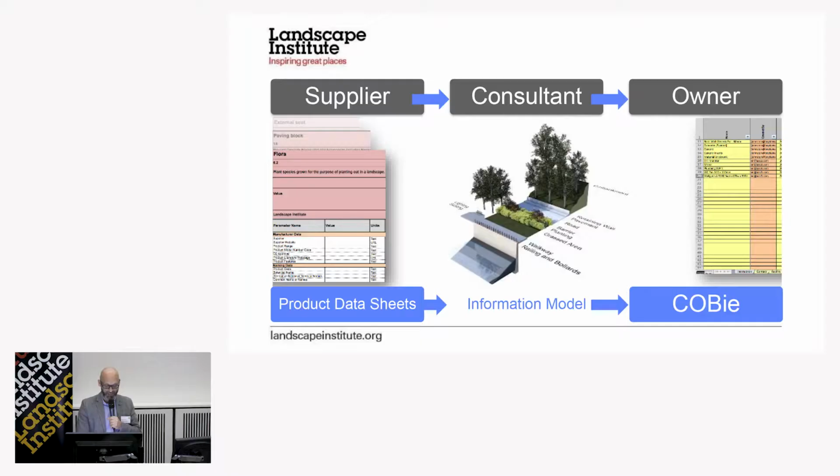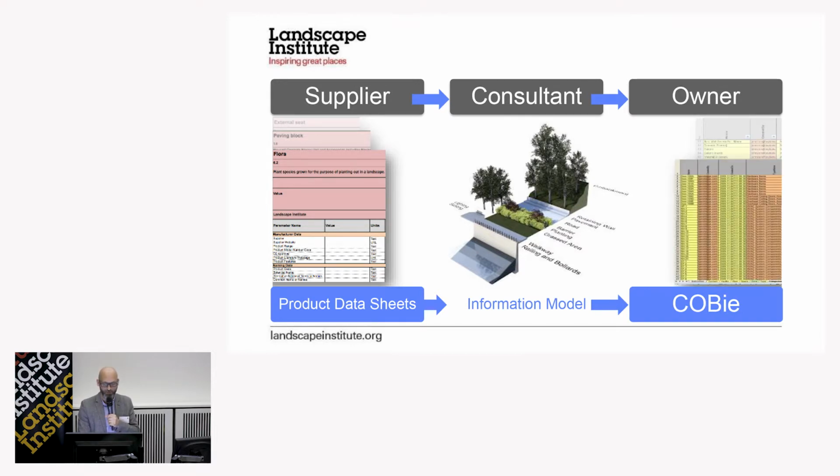That then links to the common standards of information being delivered out. So again, if we can create common standards, then we know if a client is asking for a particular type of information output, if it corresponds to COBie, which is the main one at present, then that makes it easier and more efficient for everybody involved when they're taking the information through the pipeline.